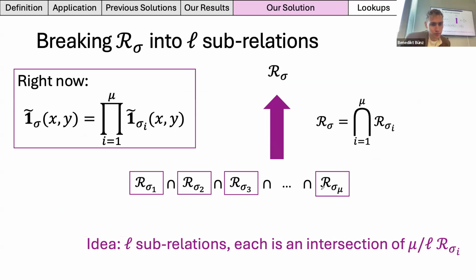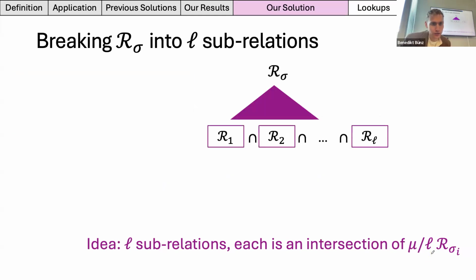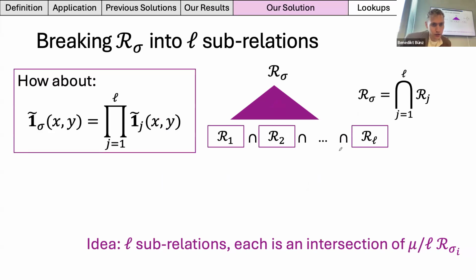Right now it's mu sub-relations, and then I'm going to group them in buckets of size mu over L, and then I only have L relations. So now it's just the product of L things, and now the degree of my sum check is just L. It's not mu anymore, it's L.